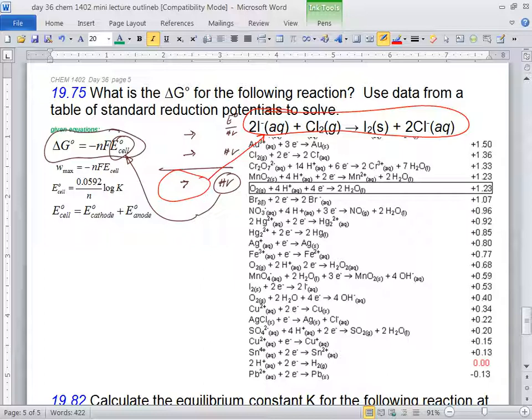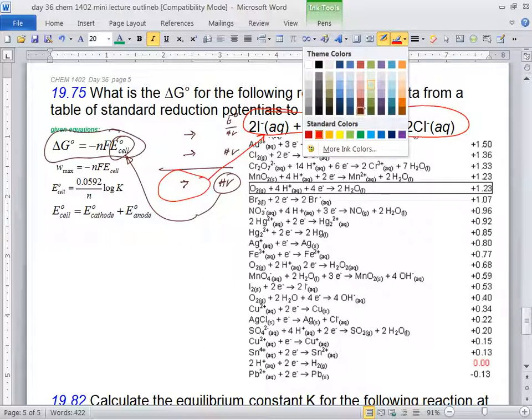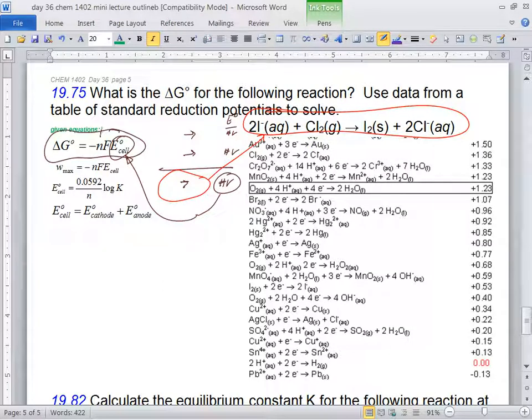So that's kind of the hard part, because little n is just found by doing what? How's that little n found? The electrons at?